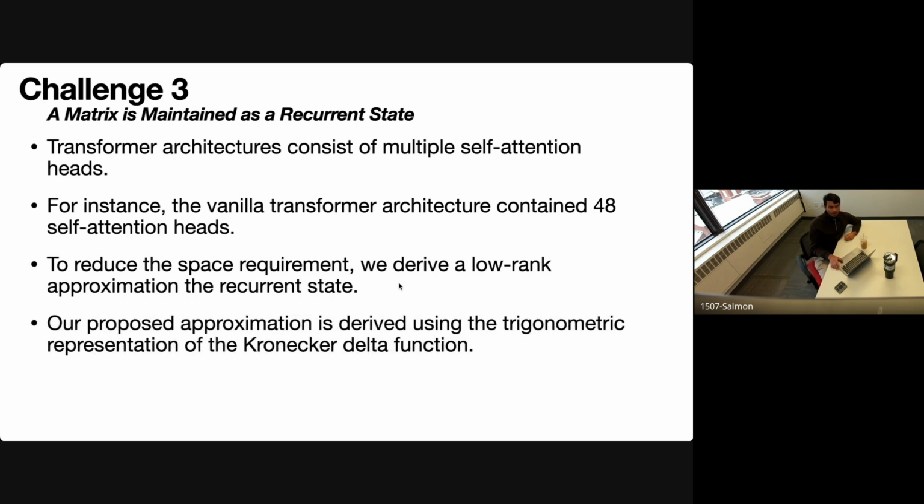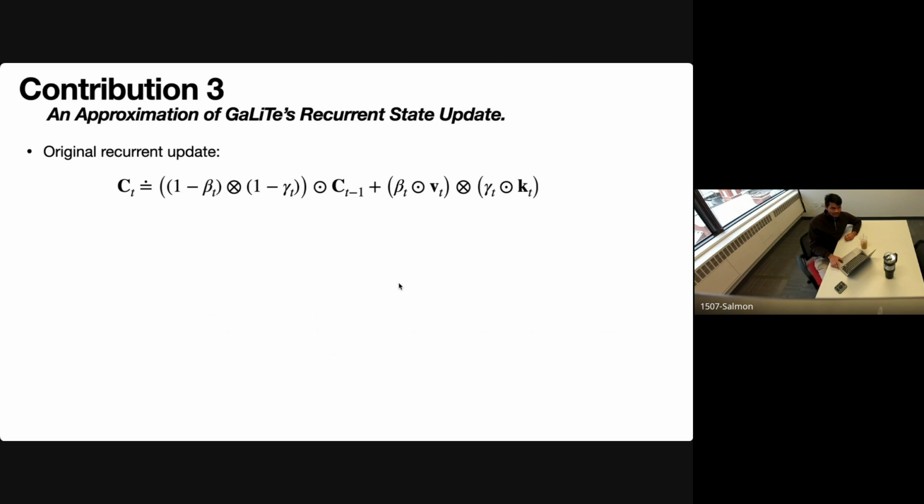I'm not going to go into the detailed derivation of the recurrent state update function, but just to give you an idea of how it works, our proposed approximation is derived using the trigonometric representation of the Kronecker delta function. More details about the derivation can be found in the paper in the appendix. The change is going to be as follows. The original recurrent state update function was operating directly on matrices.